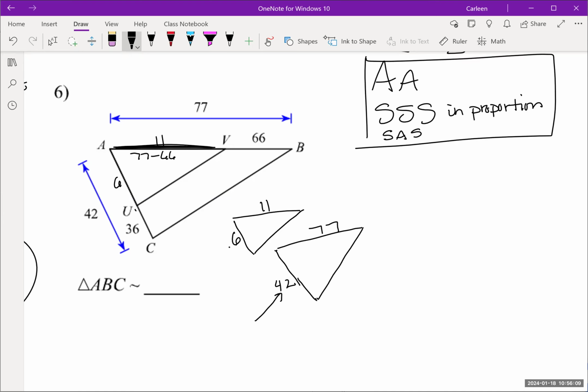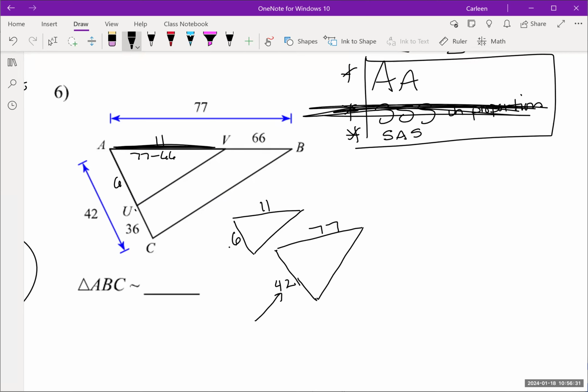Thank you. You guys are great. Okay, so I want to see, can you tell which of these you're going to use? Angle, angle, side, side, side, side, angle, side. Can you see that I don't have the third pair of sides?